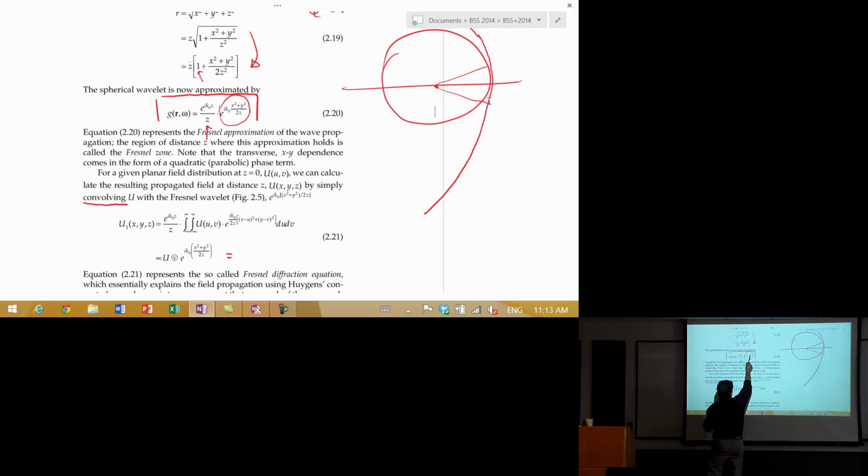This z at the bottom controls the width of that. Or if you think of it as a Gaussian function, the width of that Gaussian has z in the bottom. Meaning, the more you propagate the field, the fatter the Gaussian. So you have a Gaussian of a certain width, and it has z at the bottom.